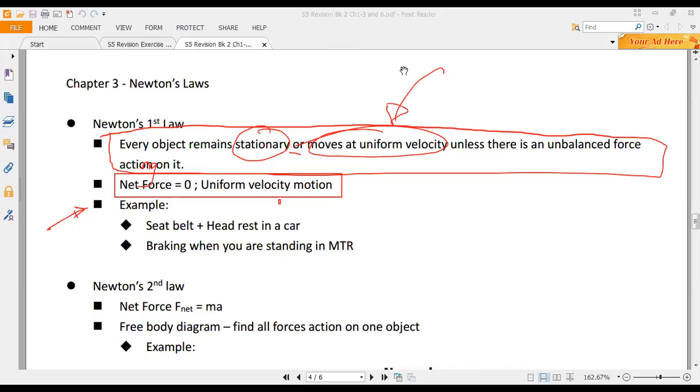The seatbelt keeps us in the seats and prevents us from being thrown forward. This is due to inertia, the ability to keep our motion.